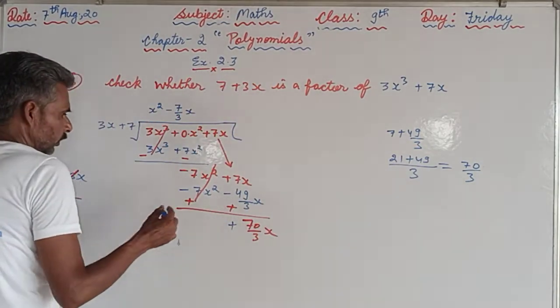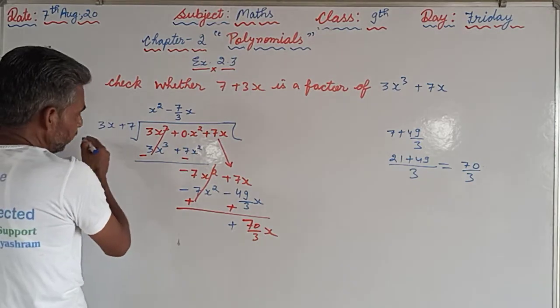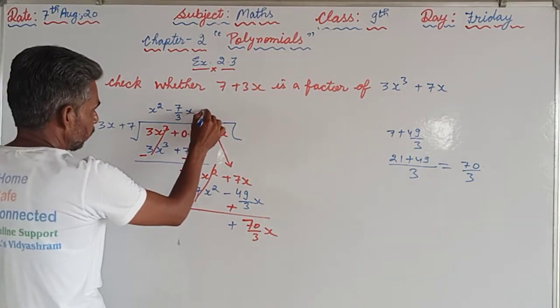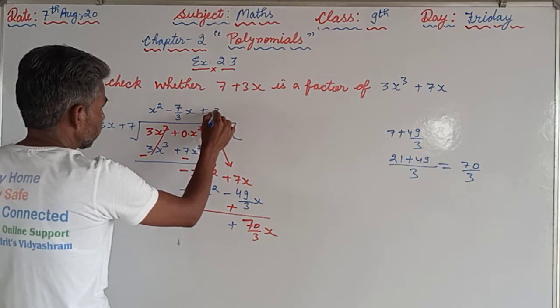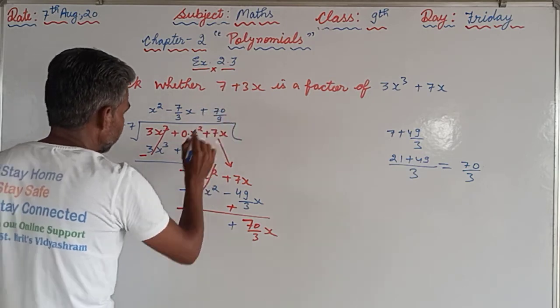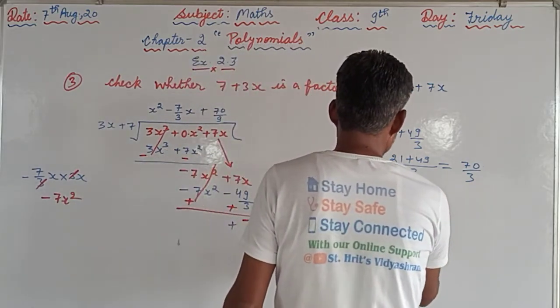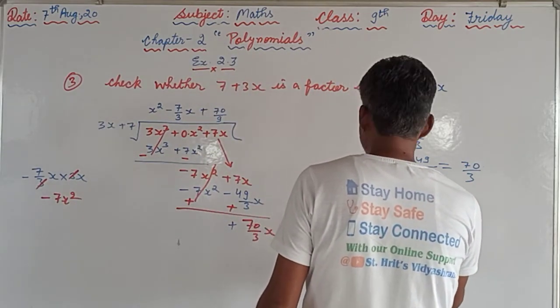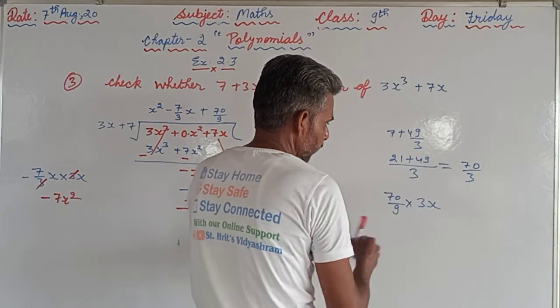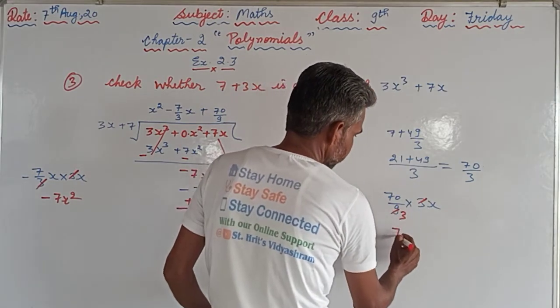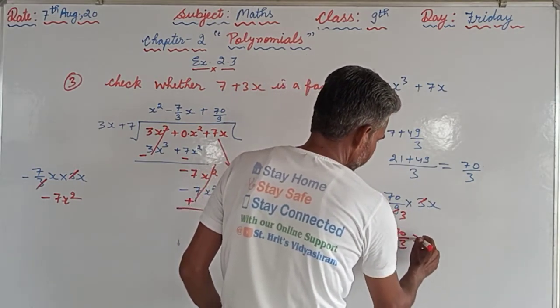Now we will multiply that by 70 upon 9. Why? Because when we multiply 70 upon 9 by 3x, we get 3 nines are 9, 70 upon 3x.